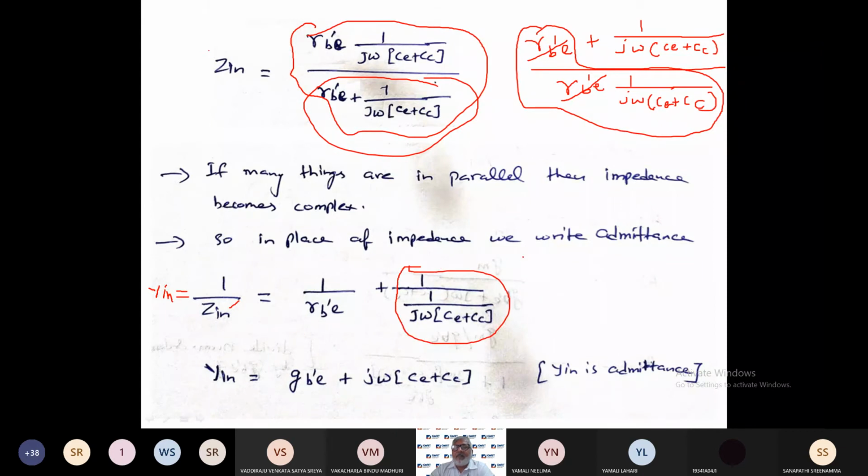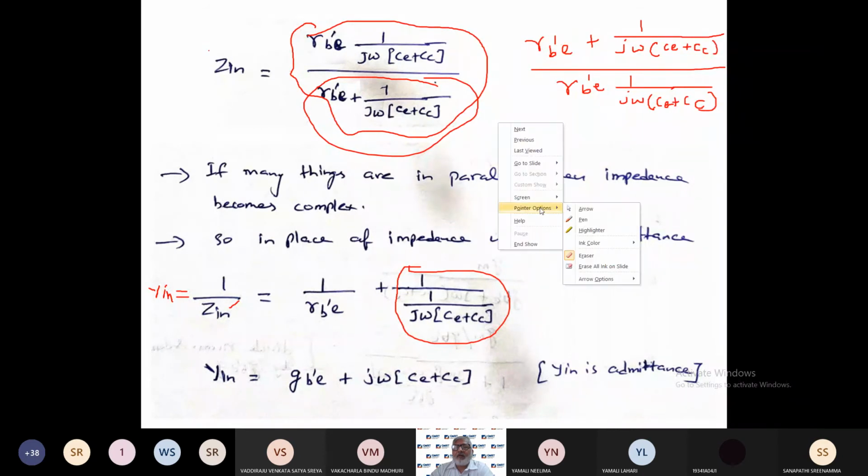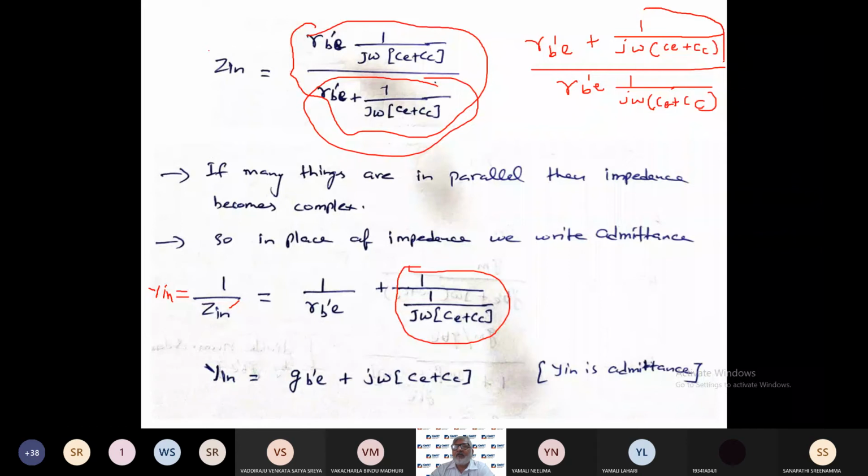Okay, right. And then for the second part, you consider only this part. Then this and this will be cancelled out, and we will get 1 by R B dash E. So you are getting this R B dash E. Okay.